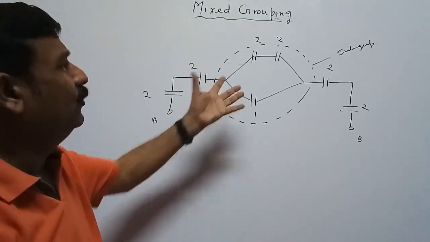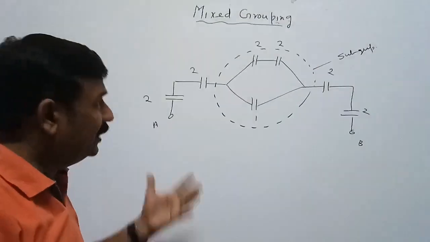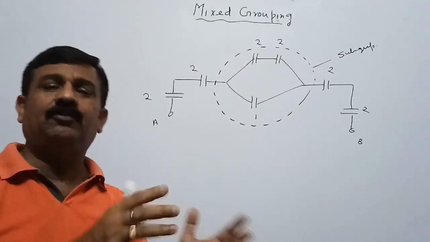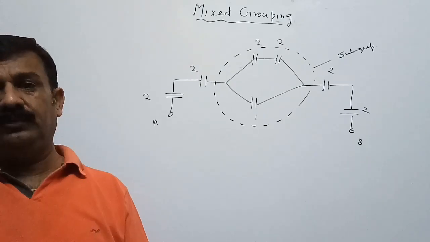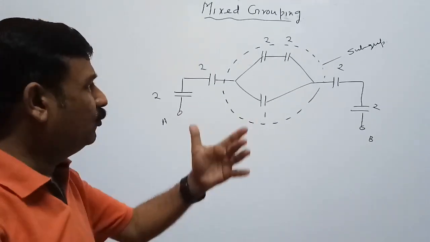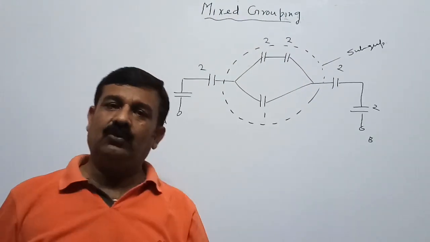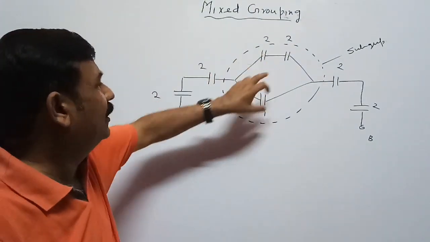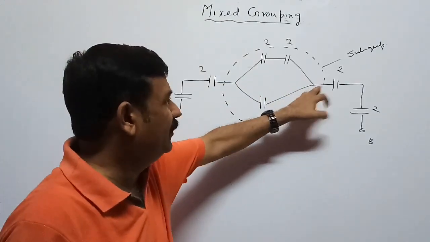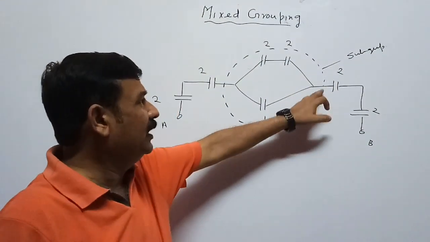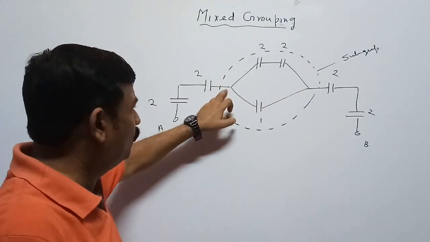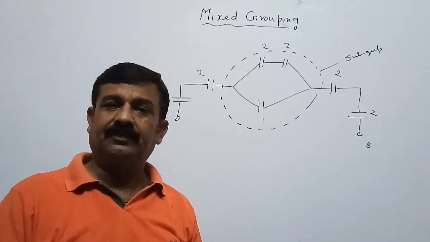In this circuit we have only one subgroup. Then we see how many entrance and exit points are there in the subgroup. Entrance point means the point through which charge can enter, and exit point means the point through which charge can come out. If we see this subgroup, from here charge will enter, from here it will come out. So there is one entrance point as well as one exit point.